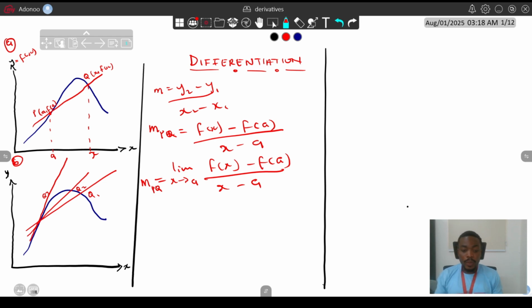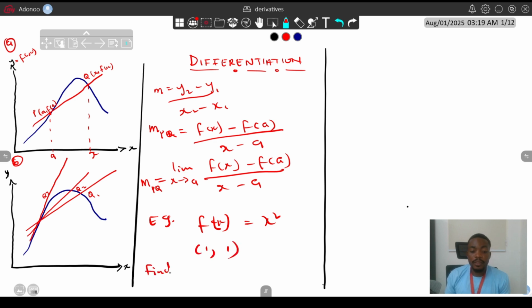Right. So now let's take a quick look at a simple example. Let's say we have a function f of x equals x squared, and then we have a point, say, (1, 1). And then we have to find the equation of the tangent line to the curve.